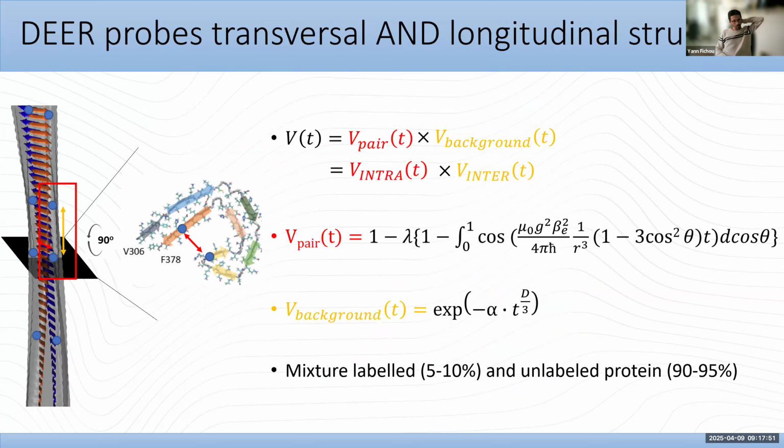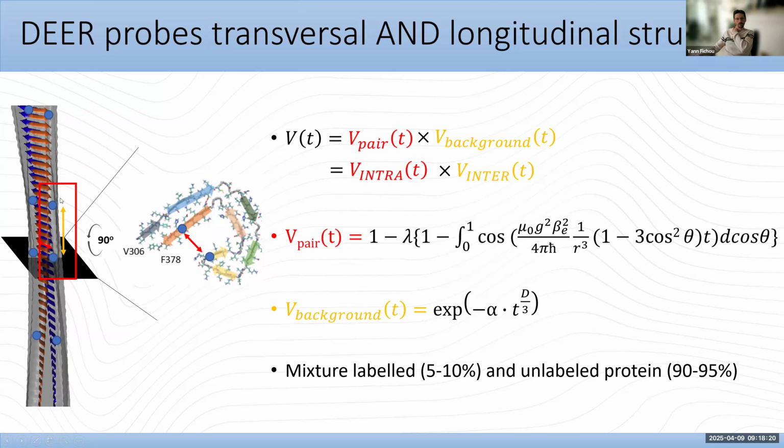What I showed before in my picture was that every monomer might not be perfectly in register when piled up. And so this is structural information that would appear not in this intramolecular dimension, but along the packing, so along the longitudinal axis.